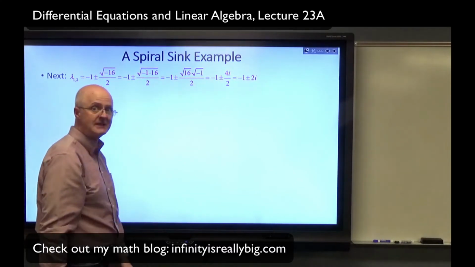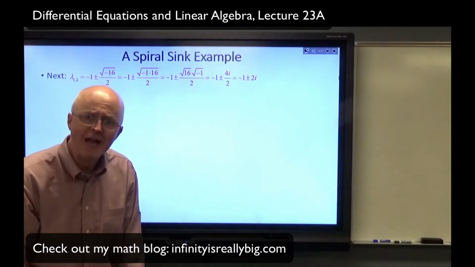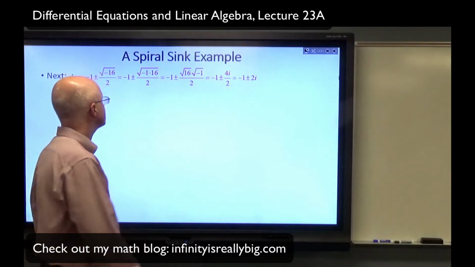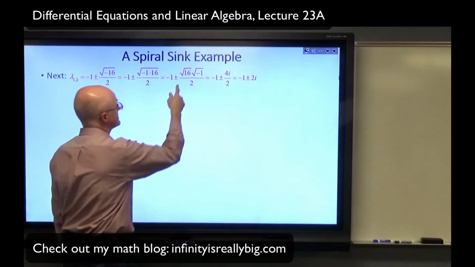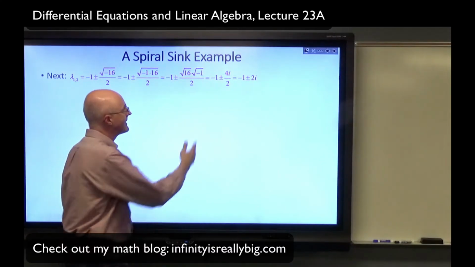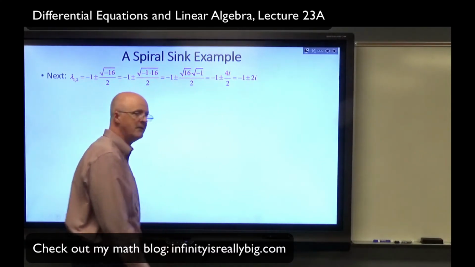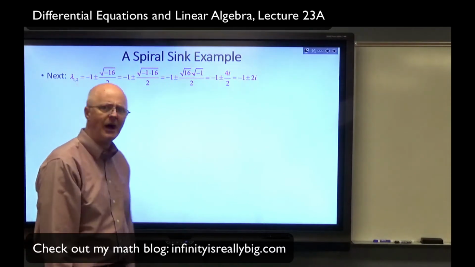And assuming square roots obey similar laws as real numbers, or maybe better, defining them to obey similar laws as real numbers, I can say the square root of this product is the product of their square roots. Square root of 16 is 4. Square root of negative 1 is i. And then simplify. Negative 1 plus or minus 2i seems to be the two eigenvalues.